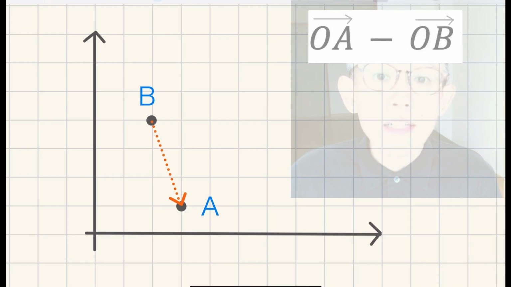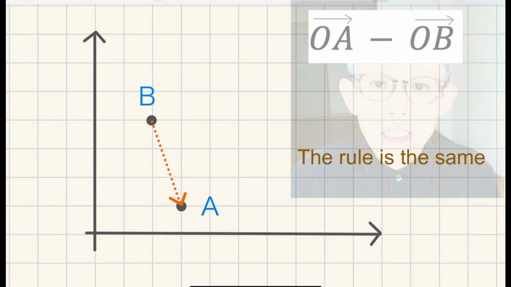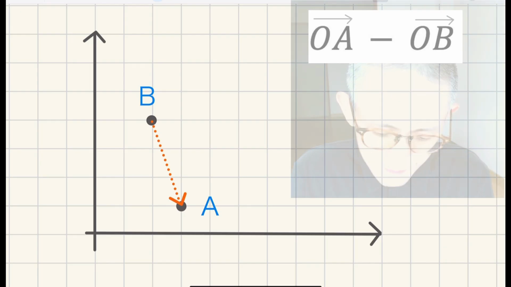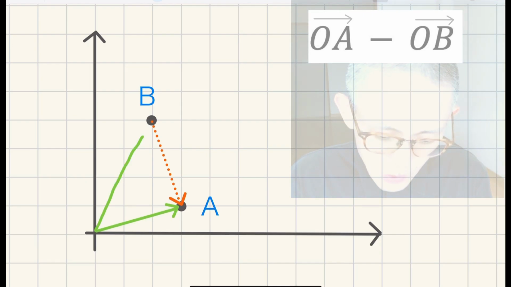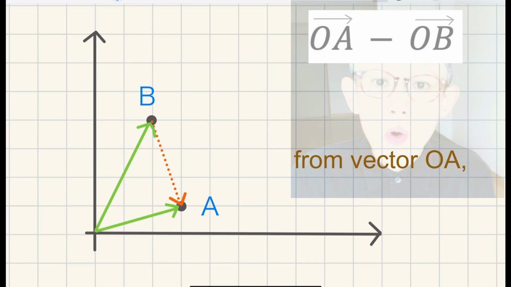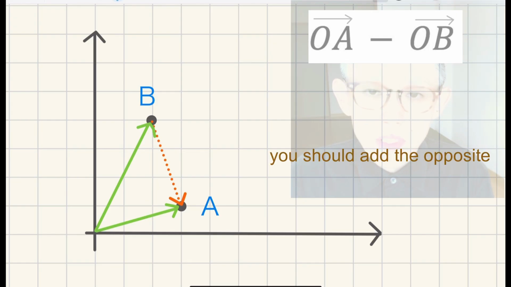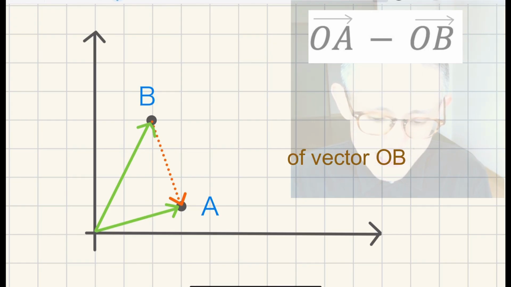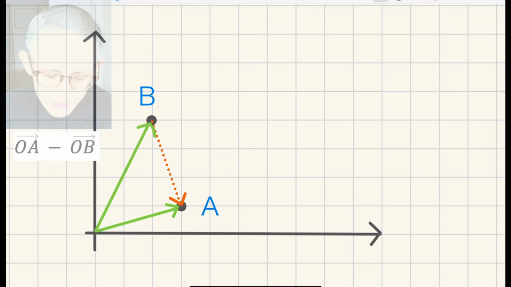Let's consider subtracting vector OB from vector OA. The rule is the same in vector subtraction. Vector OA, vector OB. To subtract vector OB from vector OA, you should add the opposite of vector OB to vector OA.